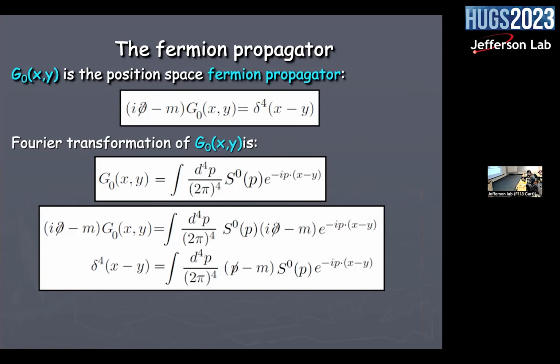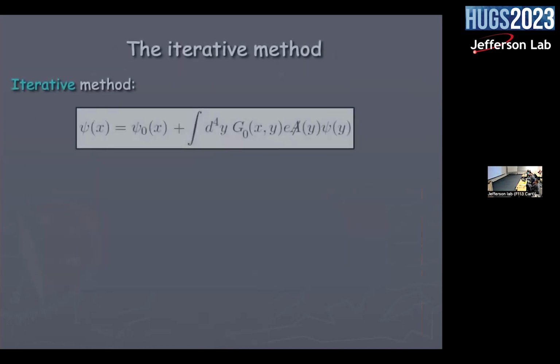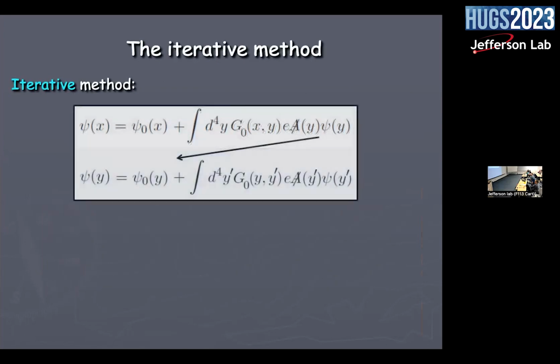So this will operate here, and it brings you a p-slash minus m. So if you define this S0 as 1 over p-slash minus m, then it is the expression for the delta function. The Fourier transform of this thing is what you have as the propagator, the propagator that we have seen in our discussion before.